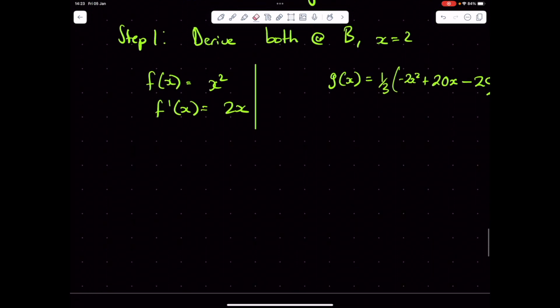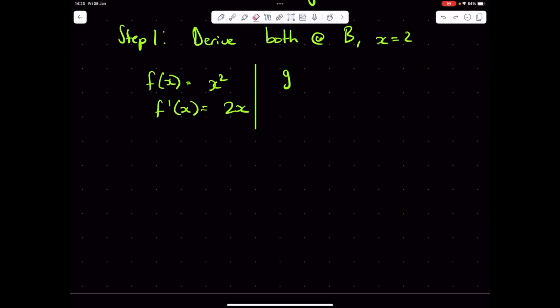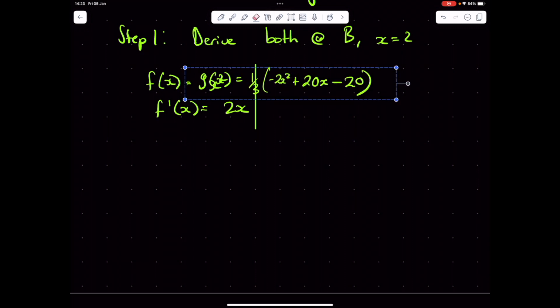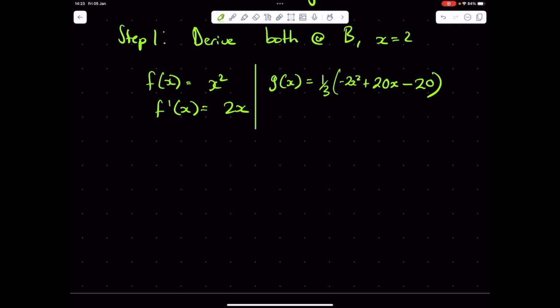G of x is that guy. And g prime of x is what? 1 over 3 times negative 4x plus 20. Okay? Yeah, that's fine.